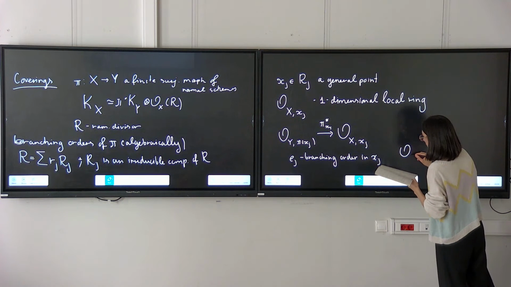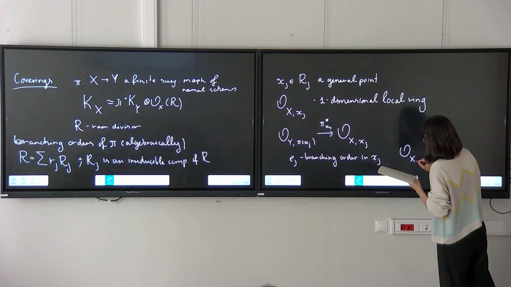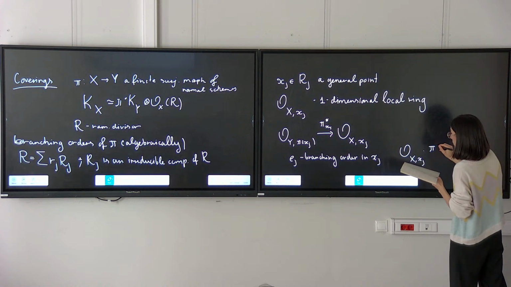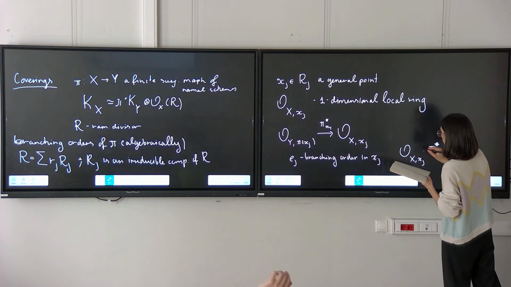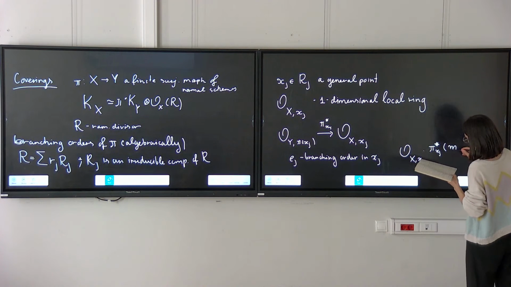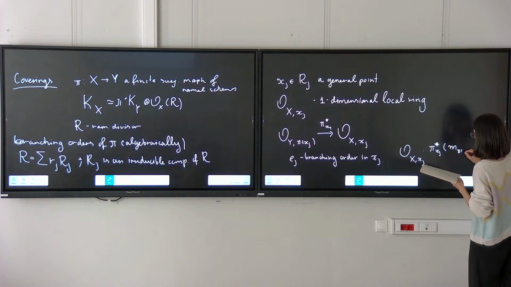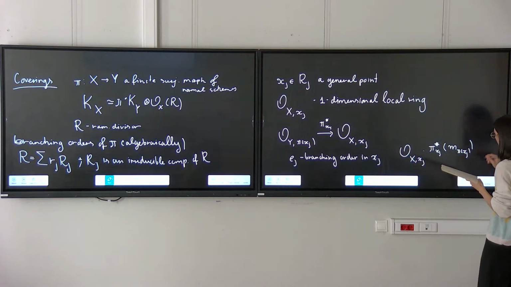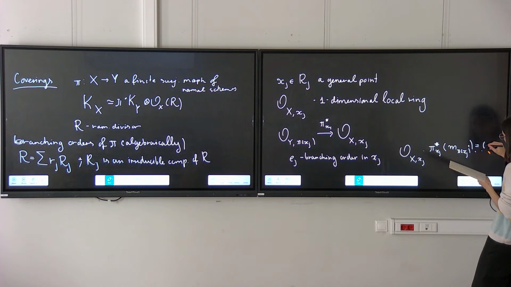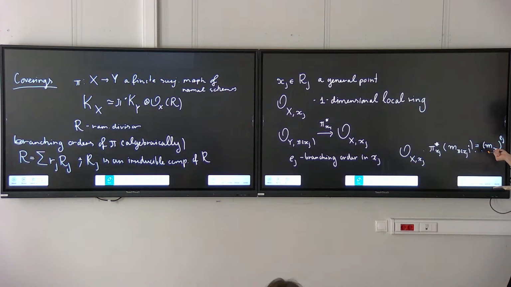as the following. We can consider the ideal that is generated by the image of the maximal ideal of the local ring of Y. We know that this local ring is one-dimensional, so this ideal is just some power of the maximal ideal of X, and this power is exactly the branching order.